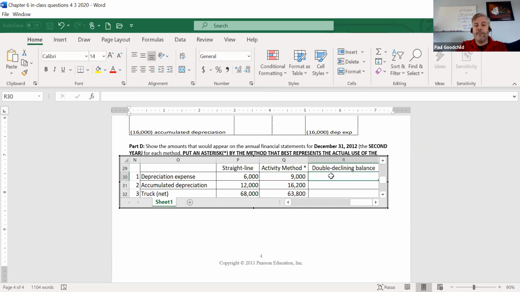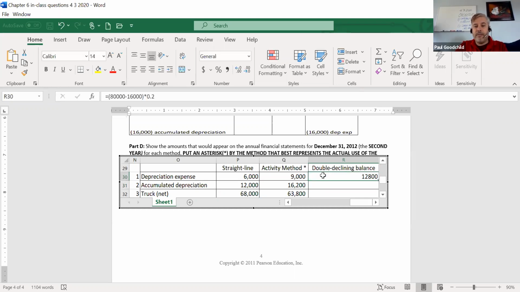And then the net value of the truck, take the 80,000 and subtract the 16,200, and so we get 63,800. Double declining balance. So now we have to take our book value. So we had 80,000 minus the 16,000 that we had depreciation in the first year. And then we're going to multiply that by 0.2 or 20%.